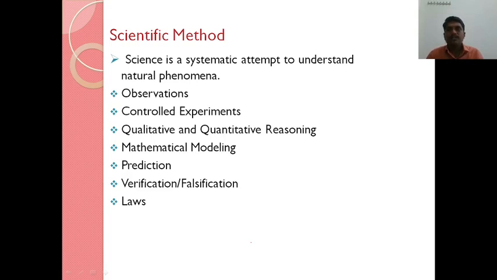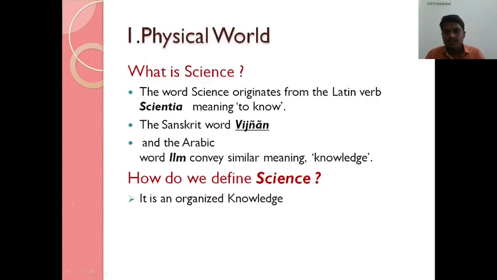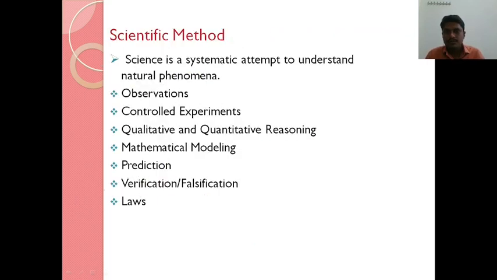To understand any natural phenomenon, such as the formation of a rainbow or the falling of an apple onto the earth, we must follow these steps. First, we do observations.